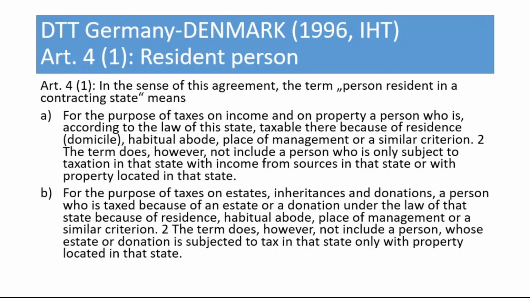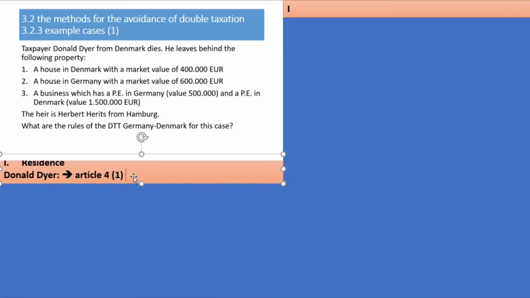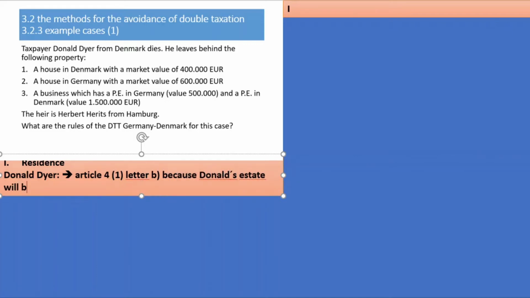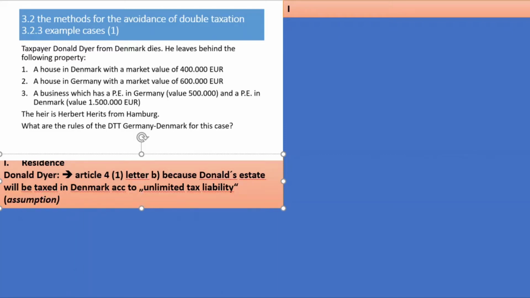So resident is a person to whom unlimited tax liability refers, evidently. And that seems to be the case concerning Donald in Denmark. So letter B, because Donald's estate will be taxed in Denmark according to unlimited tax liability. That's merely an assumption because we don't know the Danish law.